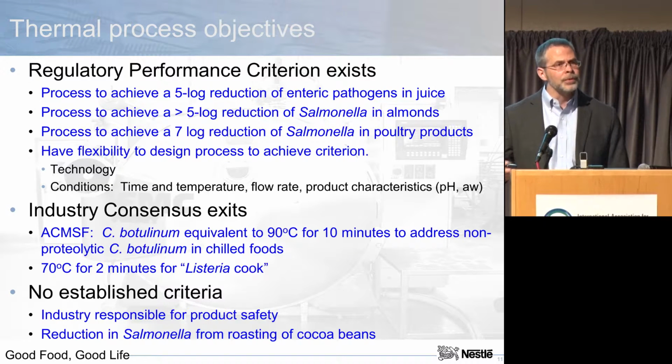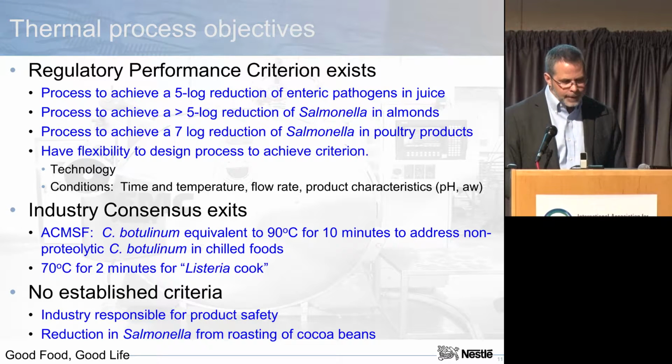We can go away from that, but if I'm a chilled food producer and I want to definitively control non-proteolytic Clostridium botulinum in those products, and I don't have a lot of time to do a lot of work, I know if I achieve this time and temperature in my process, this is a pretty good safe harbor that I can work from. If I want to reduce that, then I need to do more work, and I'll give some examples of that.